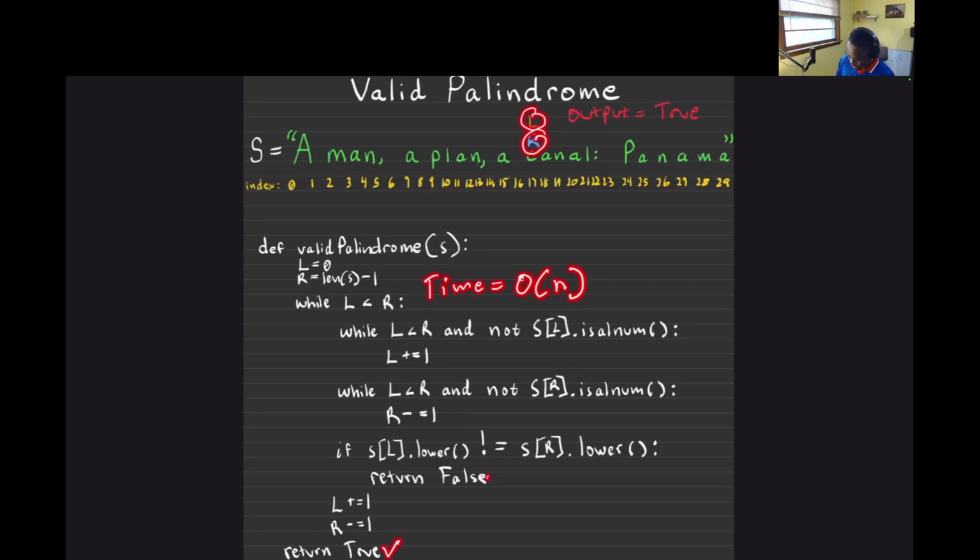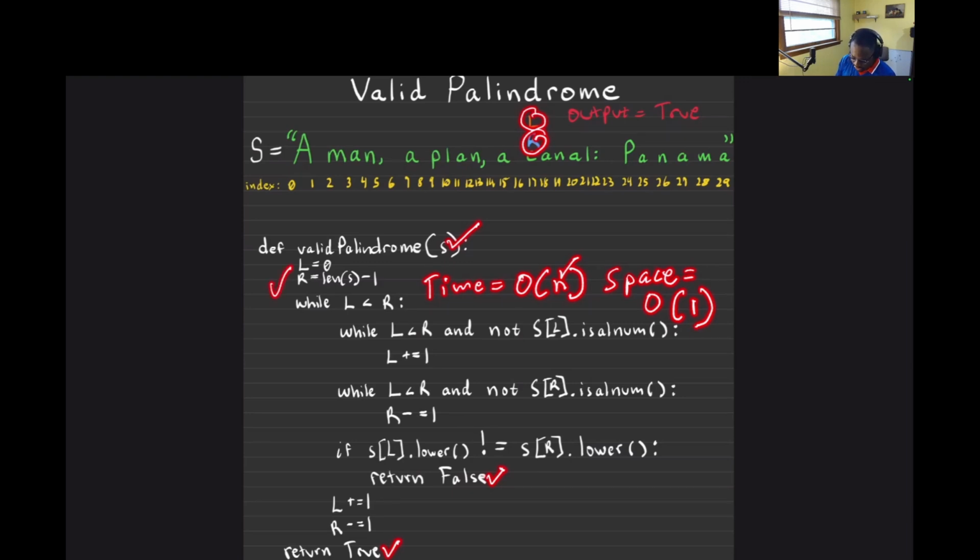Or obviously we return false if they're not equal to each other. So essentially the time is O of n because we do as much work as the given size input of the string, where we set the variable to the size of the string as n, right? And then the space is constant. It's big O of 1 because I'm not using any extra memory, right?